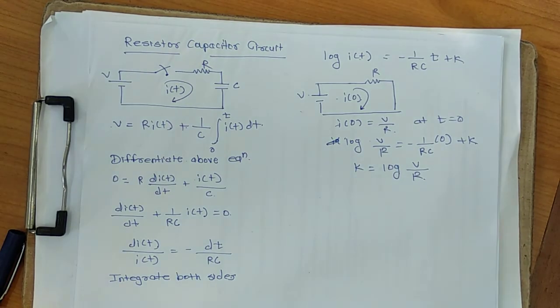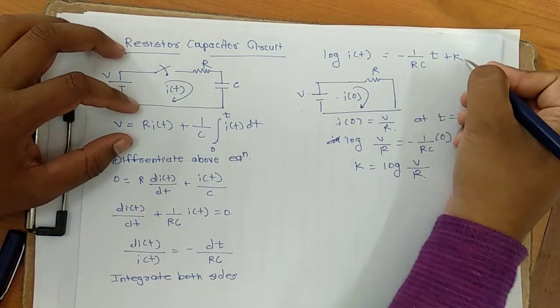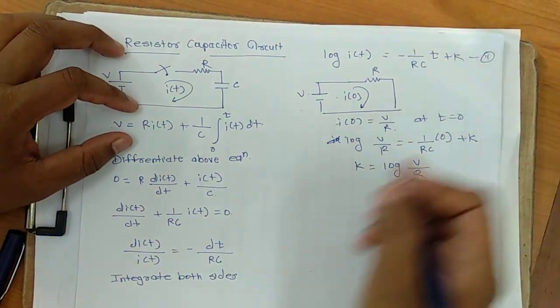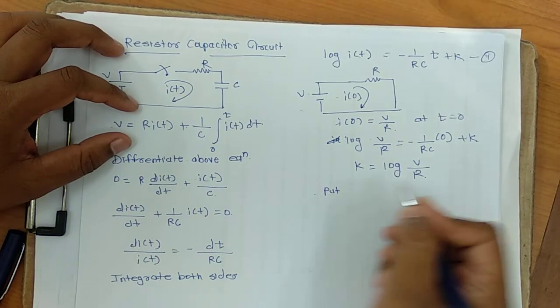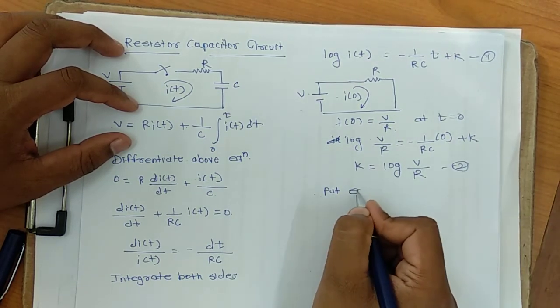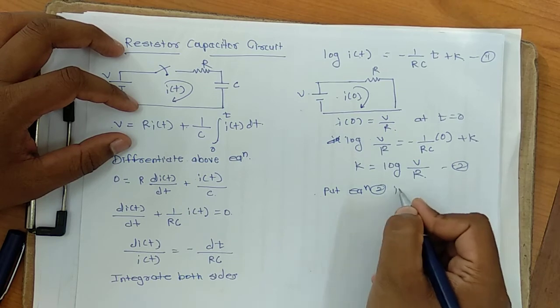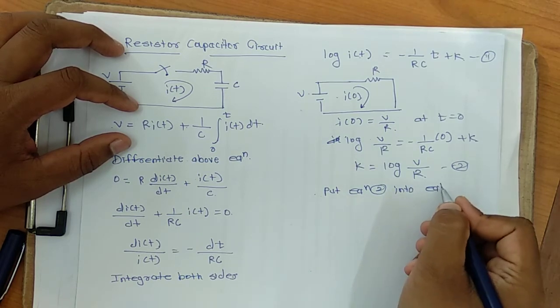Now put that value of k into the equation. Suppose we number the earlier equation 1 and this one 2; put equation 2 into equation 1.